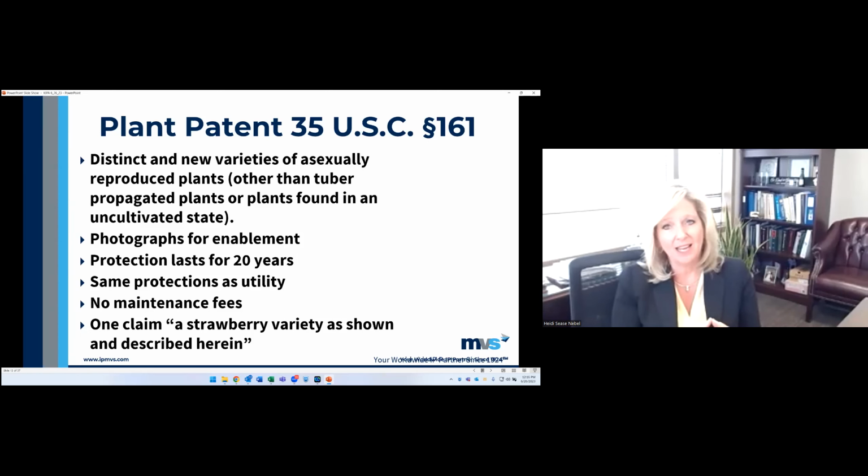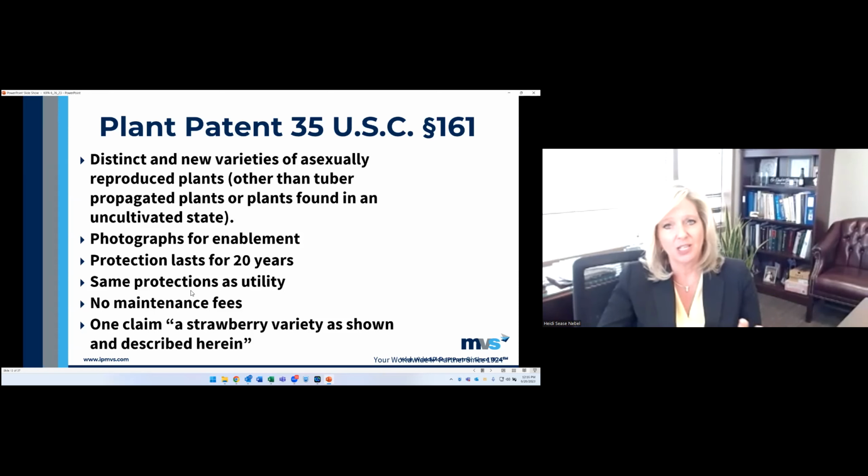So if I want to patent a variety, one or two significant traits that are significantly different from the parent or from a sib. We usually include data that would show that it's distinct from a sib or a parent in the actual application. So it doesn't take a lot as far as obviousness goes. And I would say that's probably the same for your plant patents as well as your utility patents.